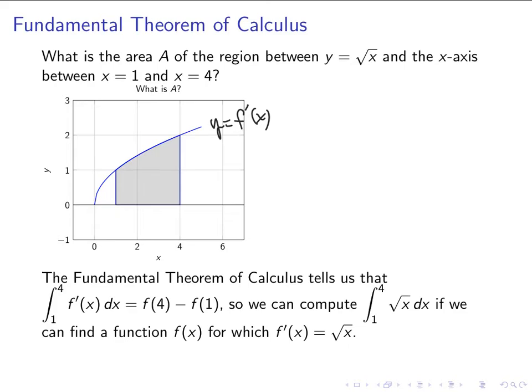In order to do that, we need to find a function whose derivative is the thing that I'm trying to integrate. In other words, I want to find a function whose derivative is the integrand. We call that an antiderivative of the square root of x.